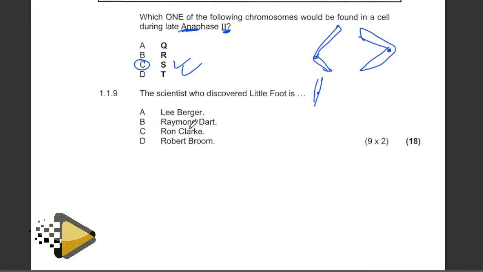They're saying that scientists who discovered Littlefoot. I talked about this yesterday, and we said that the person who discovered it must be starting with R. Remember this, all the Australopithecus africanus species, the people who discovered them, they started with R. So we say that it must be among these ones.